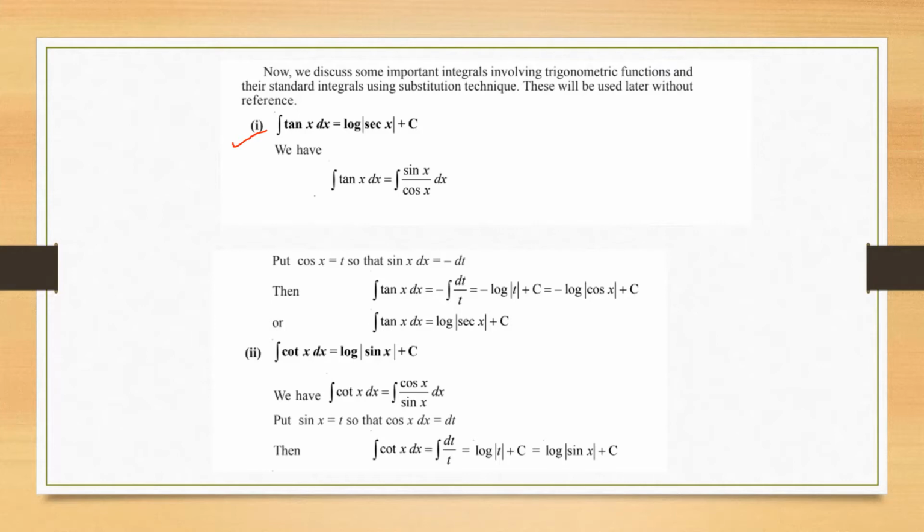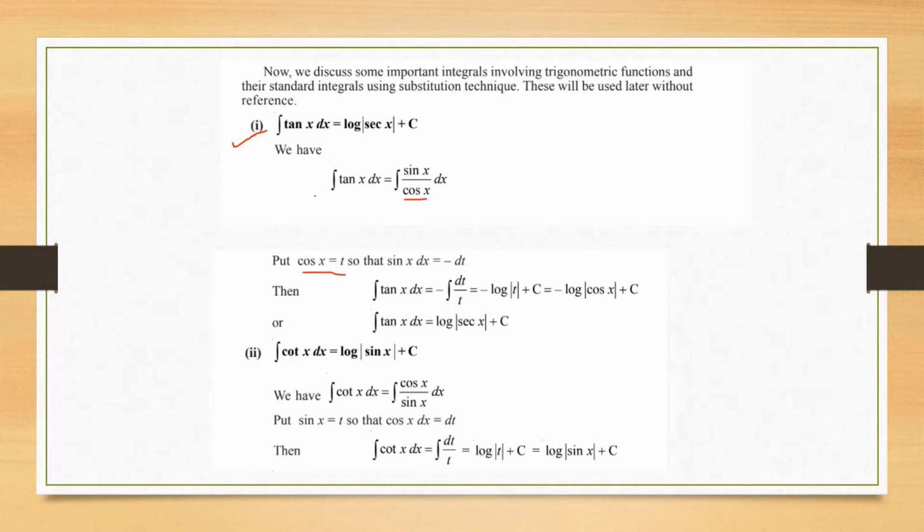To integrate tan x, I need to change it in the form of sin x upon cos x, and then I'll put my denominator cos x as t. Why? Because its derivative, sin x dx, is present in the numerator.